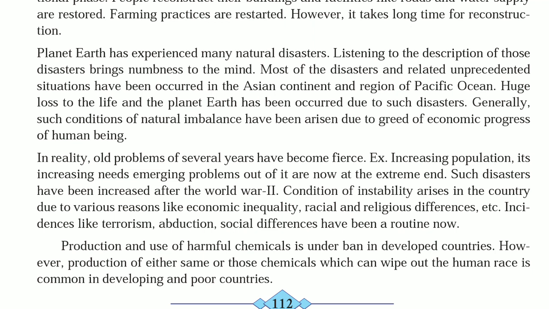Production and use of harmful chemicals is banned in developed countries. However, production of the same or similar chemicals which can wipe out the human race is common in developing and poor countries.